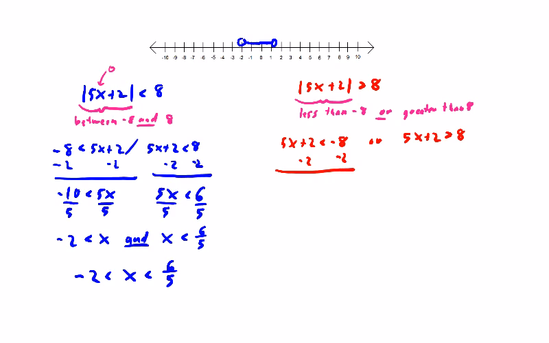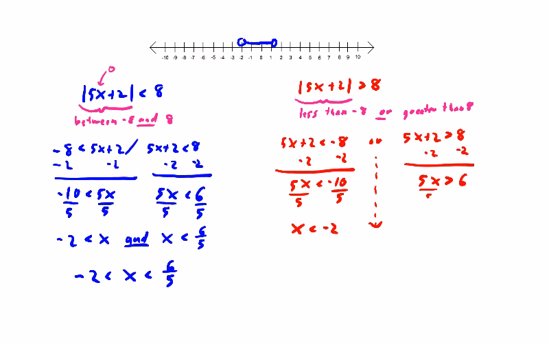We perform exactly the same operations that we did before, and we get 5x must be less than negative 10. Divide both sides by 5. There are other ways to get to the solution, but I think this is just the fastest. So x must be less than negative 2. Or, continuing down, we can subtract 2, and 5x must be greater than 6.